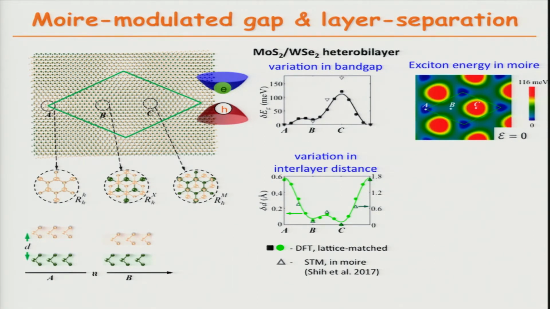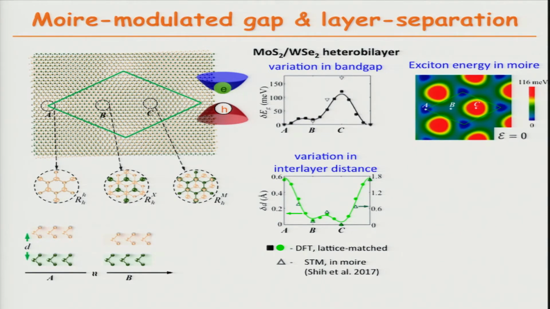This is a plot of the local band gap as you move along the Moiré supercell along the diagonal line. The different local gap leads to a different energy of the electron-hole pair at different spatial points. So this is the potential energy that the exciton would feel in such a Moiré pattern.